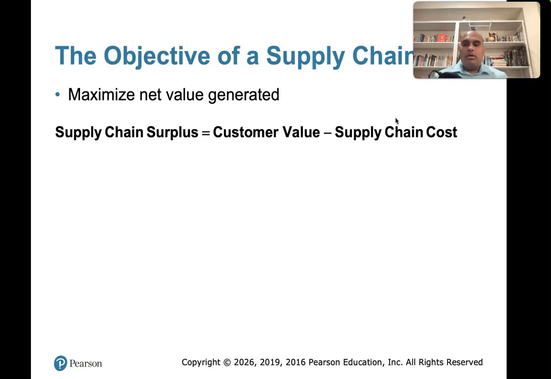Now, the overall objective of a supply chain, what exactly are we trying to get out of a supply chain? Because remember that supply chain is just a meta concept. What exists in reality is just individual companies, and each company is trying to maximize its own profit. So when you look at a supply chain in total, right, what should the objective of a supply chain be?